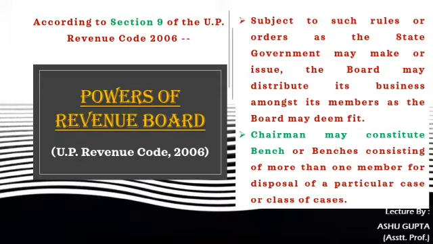According to section 9 of this code, the board may distribute its business amongst its members as the board may deem fit, and the chairman may constitute a bench or benches consisting of more than one member for disposal of cases relating to that code, including matters of agricultural land. सो चेयरमैन चाहे तो यहाँ पर दो या दो से ज़्यादा जजेस की बेंच भी रेवेन्यू बोर्ड में बैठा सकता है.